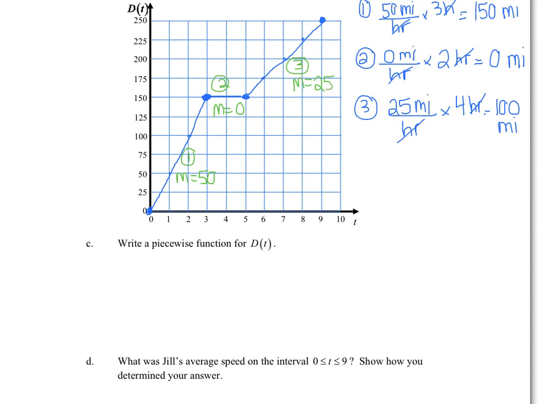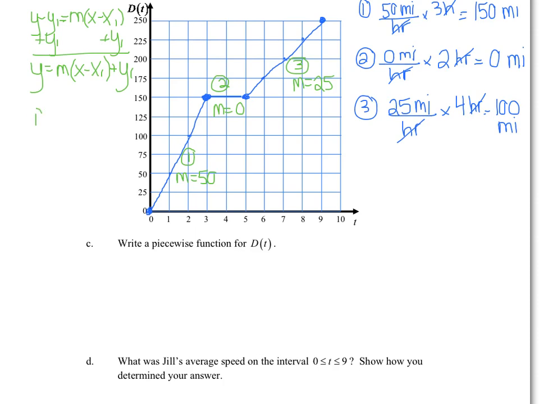We're going to use the point-slope form. So point-slope form is y minus y1 equals m times x minus x1. But since we're writing this as a piecewise function, we need to add y1 on both sides so that we have it solved for y. y equals m times x minus x1 plus y1.